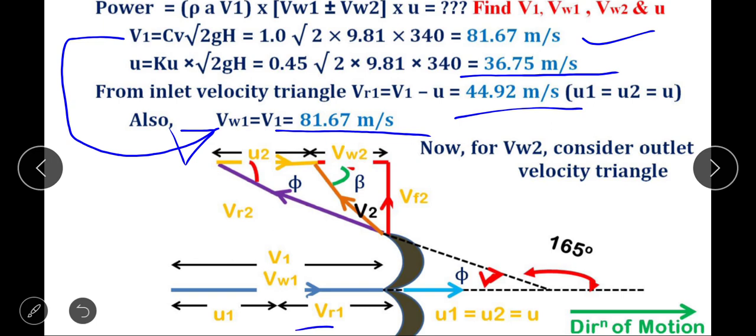Therefore, VR1 must be equal to V1 minus U1, or VW1 minus U1. This is the phi angle, the angle of vane. 180 minus 165, that is equal to 15. Phi value is equal to 15 degrees. That is how you got 180 minus 165. So V2, VF2, VW2, U2 and VR2. U1 is equal to U2 is equal to U. This is the direction of flow.